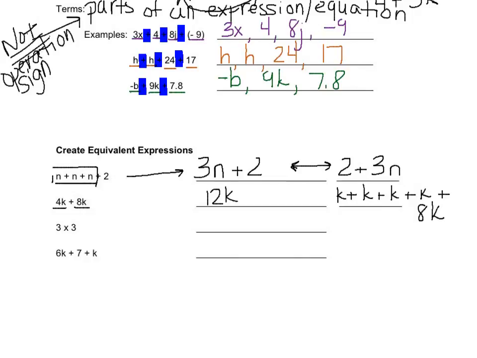That is one way of doing it. I could write out 12 K's in a row, adding them all together. I could do the 4K and then make 8 of these. So sometimes there's a lot of different options to making an equivalent expression.